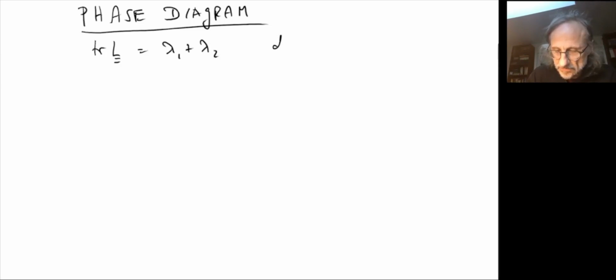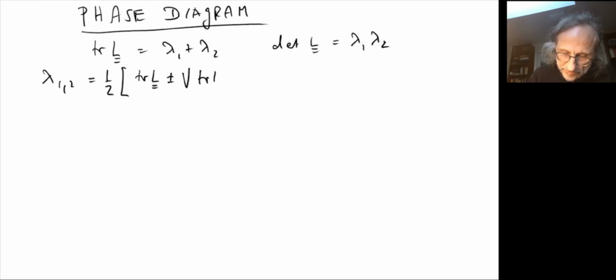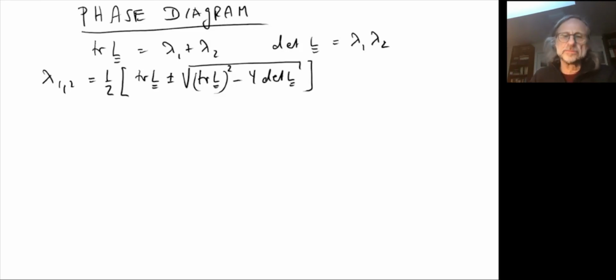The determinant of L is the product of the 2 eigenvalues. And therefore, you can simply write the eigenvalues in terms of the trace and the determinant: it's the trace plus minus the square root of the trace squared minus 4 times the determinant of L, divided by 2.